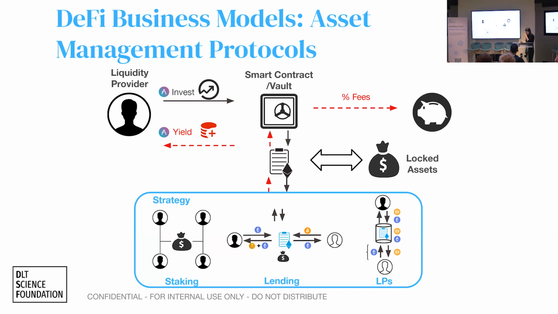And then once in a while, the smart contract might harvest or farm the yield, and then redistribute part of the yield to the original investors, and part of the yield would go to the treasury of the protocol.